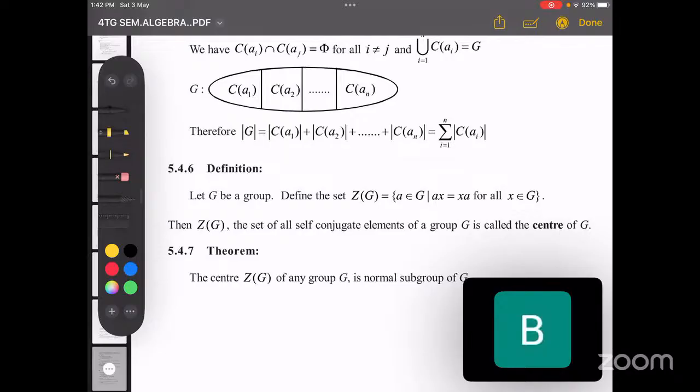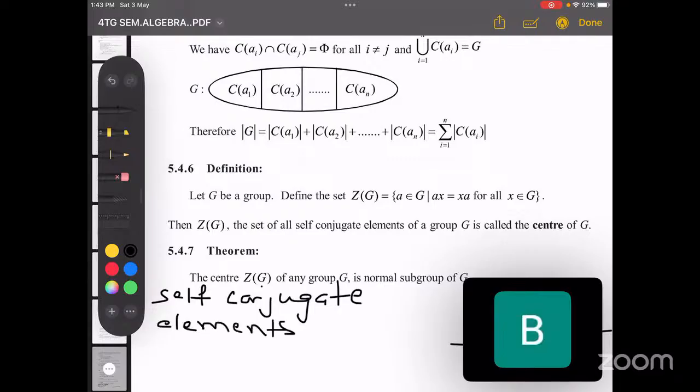Self-conjugate elements means elements that are conjugate to themselves.